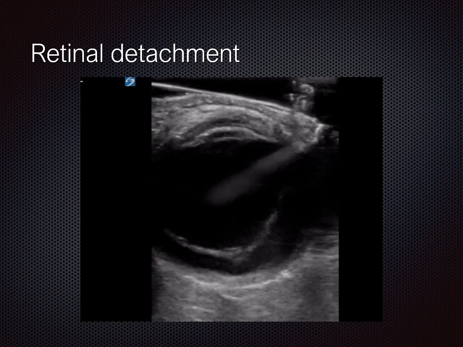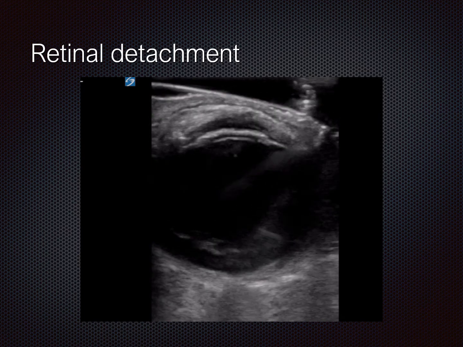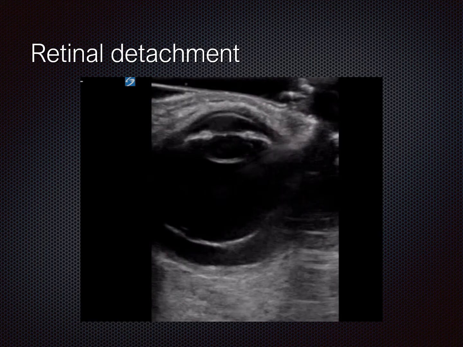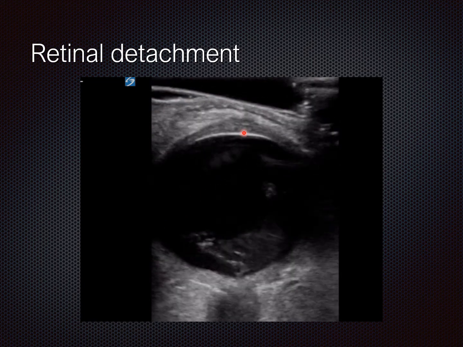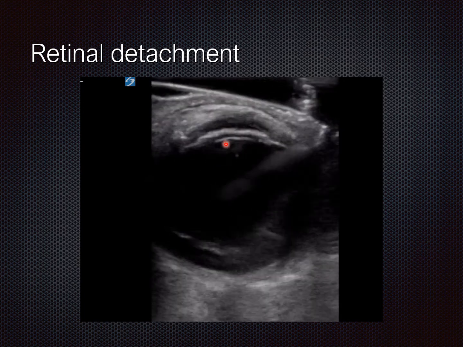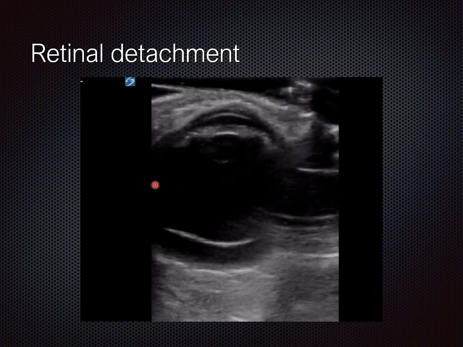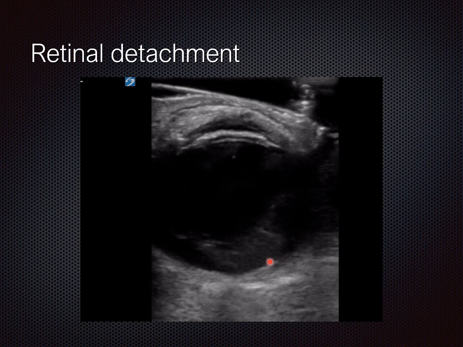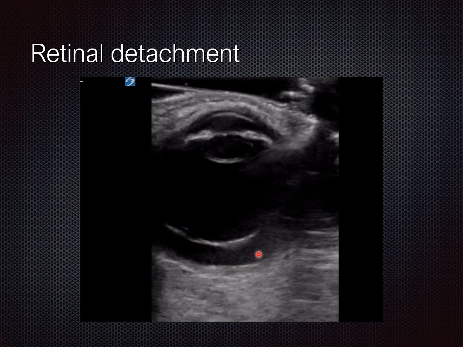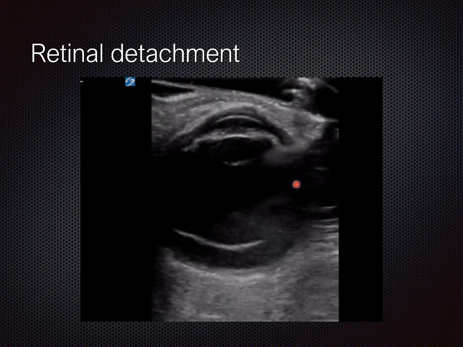And so here's a video clip of a retinal detachment. Like we were talking about before, it's a very intuitive pathology. So here's the anterior chamber, right? As they fan through in the clip here, you can actually see the pupil. And then here in the posterior chamber, you see all the anechoic posterior chamber vitreous fluid.